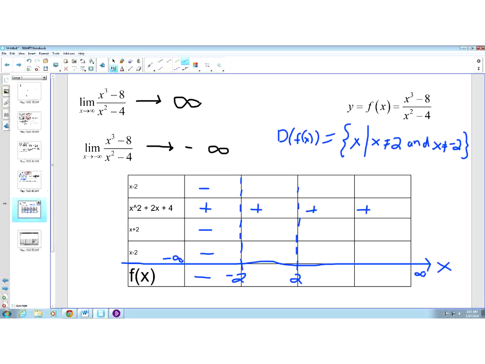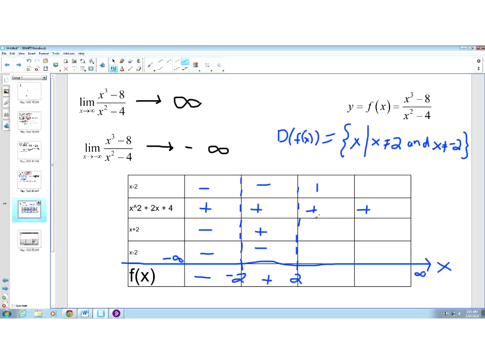Now for negative 2 to 2, if we choose a value of x from negative 2 to 2, what happens? This factor remains negative, this factor goes positive, and this factor remains negative. So from negative 2 to 2, the function is above the x-axis. And from 2 onwards, what happens?